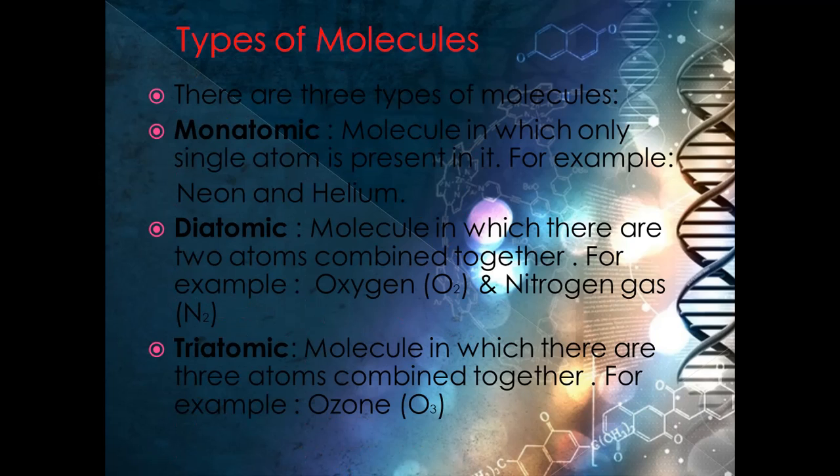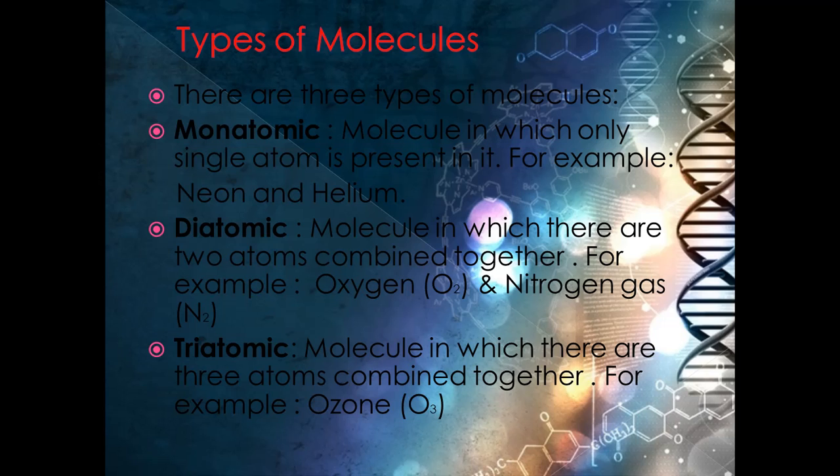Now, types of molecules. There are three types of molecules. Number one is monatomic, number two is diatomic, number three is triatomic. First of all, monatomic: a molecule in which only a single atom is present, for example neon and helium.